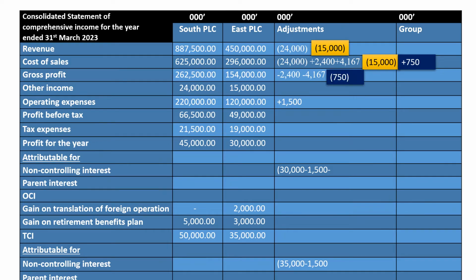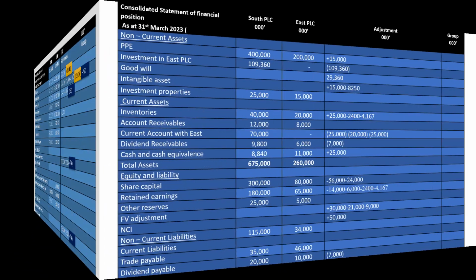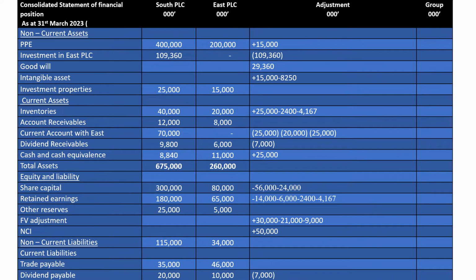Then after the profit after tax, which is attributable to non-controlling interest, we are going to remove this unrealized profit. So the other entry goes to the inventories. So in the consolidated statement of financial position, we are going to remove this unrealized profit from the inventory.